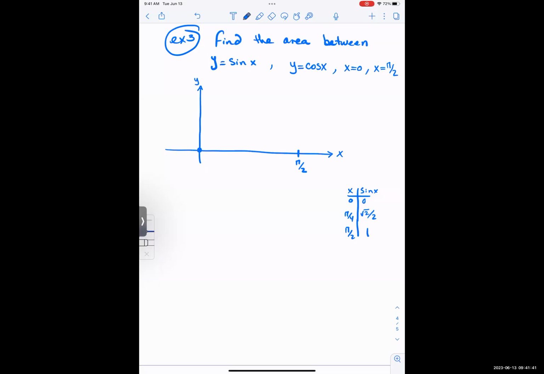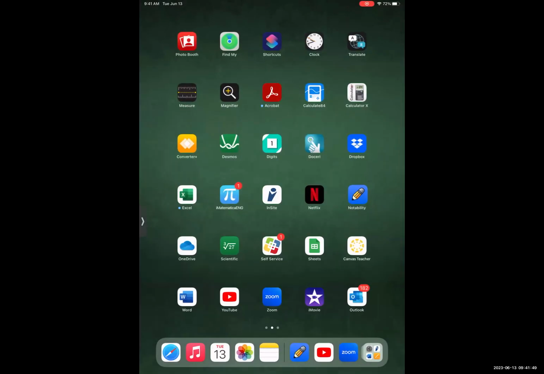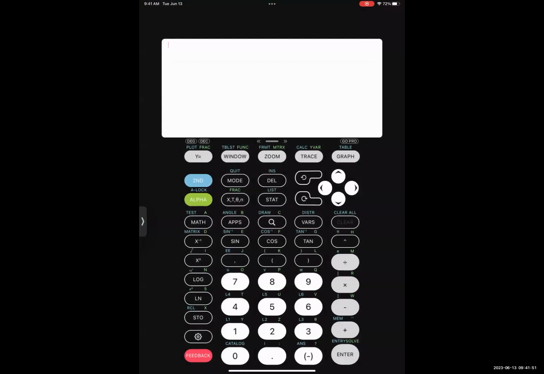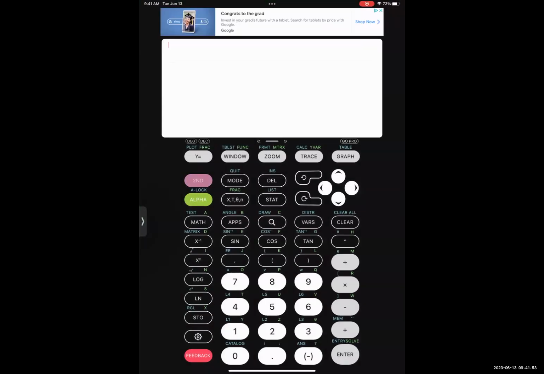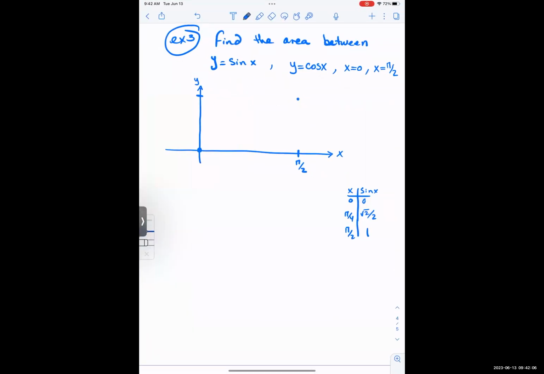0, 0. If I have 1 to be pi over 2, I can use my calculator to give me some estimate of what root 2 over 2 is. Root 2 over 2 is about 0.7.